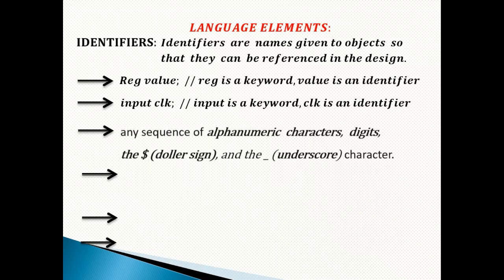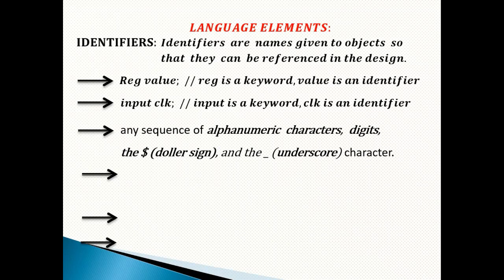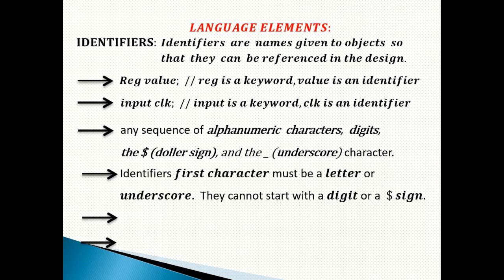Identifiers may be a sequence of alphanumeric characters, digits, or a dollar symbol or an underscore symbol. The first character must be a letter or underscore. They cannot start with a digit or with a dollar symbol. Identifiers are case sensitive.